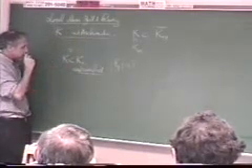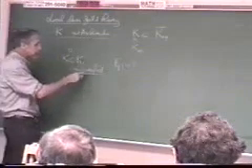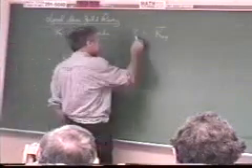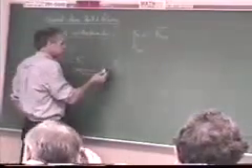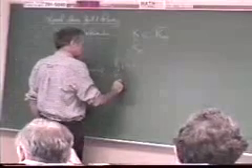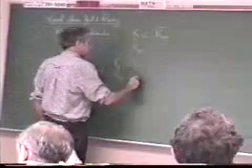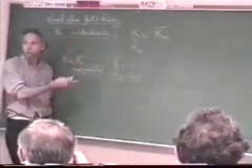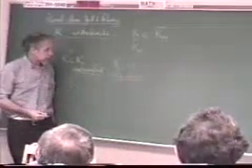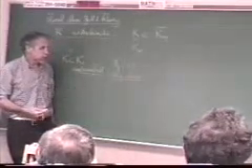Now, the maximal unramified extension is really obtained by replacing the residue field FQ by its algebraic closure. This algebraic closure is just obtained by adjoining all roots of unity of order prime to the characteristic. And moreover, it has a beautiful Galois group.